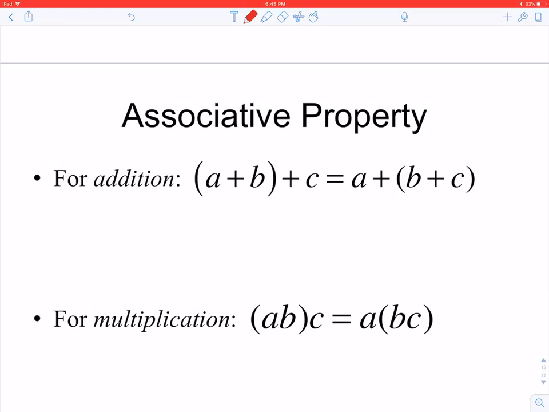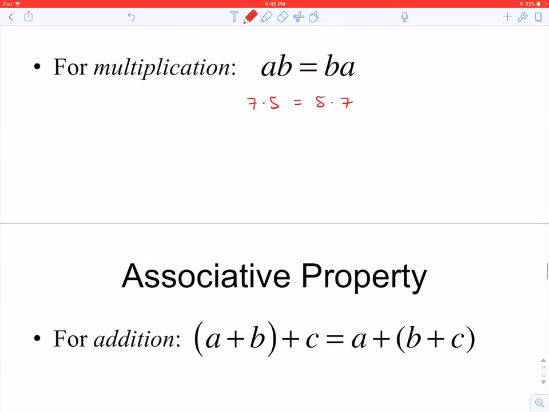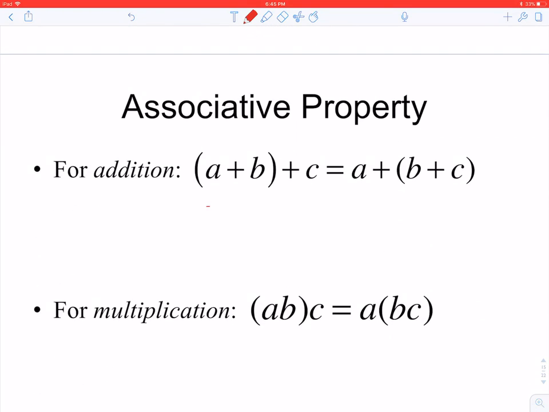Like the commutative property, the associative property has a version for addition and also a version for multiplication. The associative property for addition says that a plus the quantity b plus c is equal to the quantity a plus b, plus c. So for example, say 2 plus 3 plus 4.